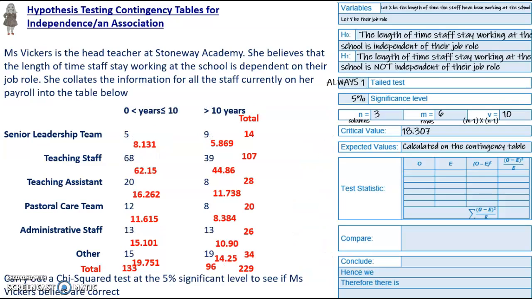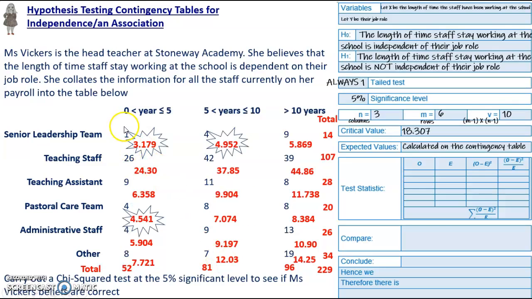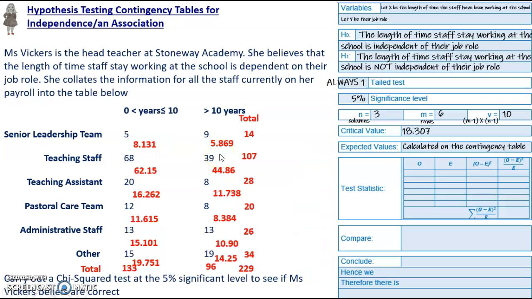So you can see here, if I just go back again, I've got 1 and 4, and then my e-values are 3.179 and 4.952, and I've combined those here to get 5 and 8.131. And I've now made this column 0 to 10 by just combining those blue and red figures.